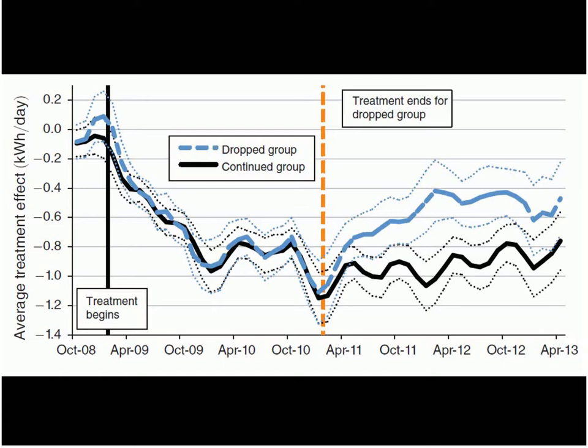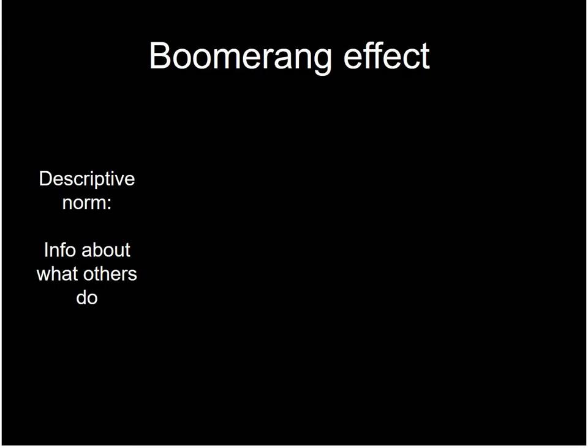Okay, so this is evidence that these social norms can have powerful and pretty persistent effects. But something that might occur to you in thinking about these descriptive norm experiments is what is referred to as the boomerang effect.